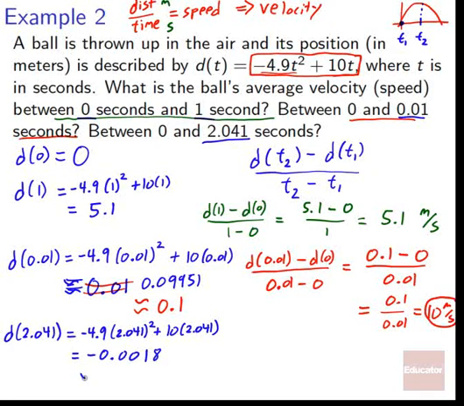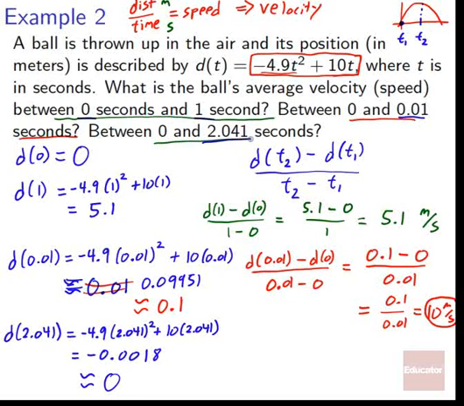It seems pretty reasonable to just round that to a simple 0. Now, what does that mean? That means at the moment 2.041 seconds, that's when the ball hits the ground. It goes up, and then it comes back down, and at 2.041 seconds after having been thrown up, it hits the ground precisely. So at 2.041 seconds, it's got a 0 height.